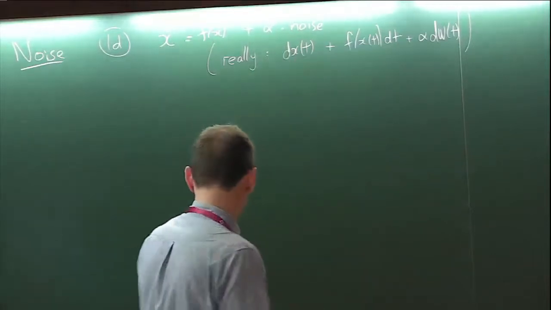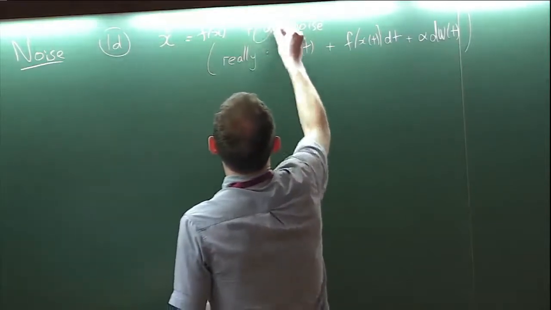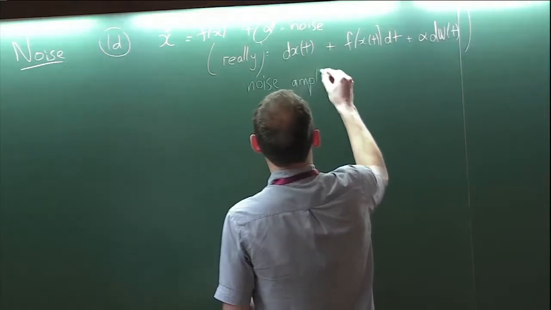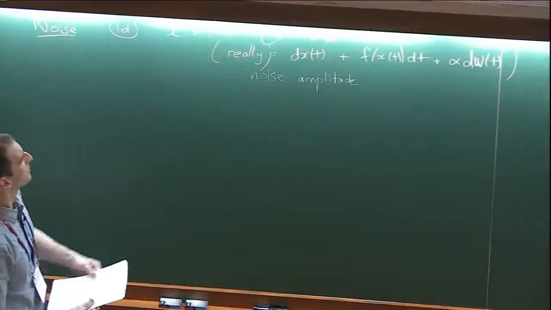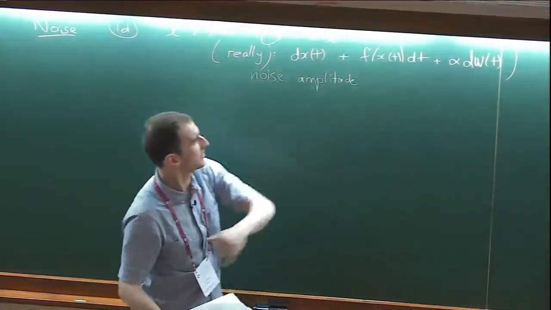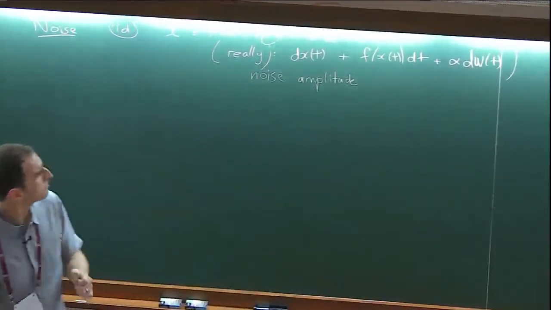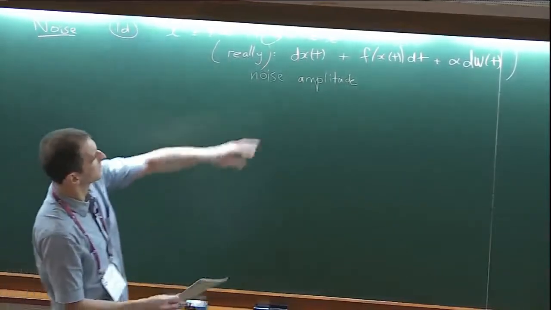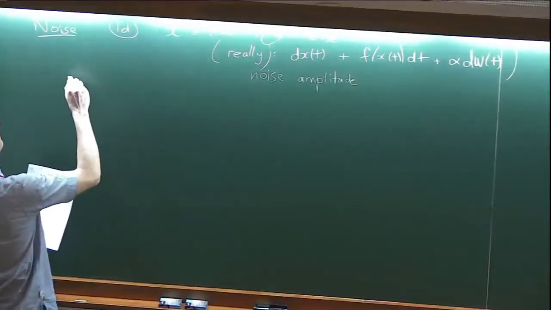Alpha represents the noise amplitude. But really what I mean is this stochastic differential equation, where W is a standard Brownian motion, so that the noise is Gaussian white noise.